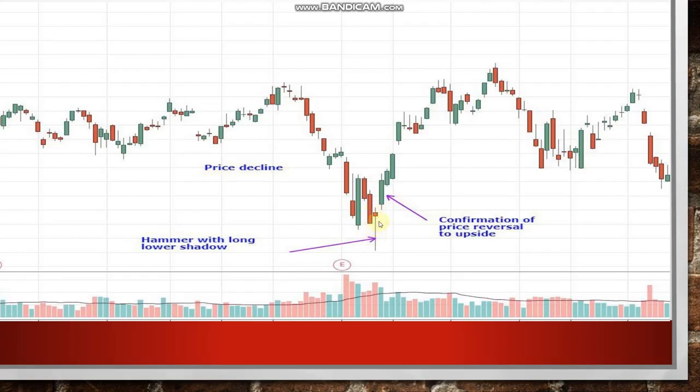This signifies the price rejection, which means that the bulls present in the market are not ready to take the market to that price, and after that they pull the price and see, there was a trend reversal. So hammers are important to spot the trend reversal of the market.